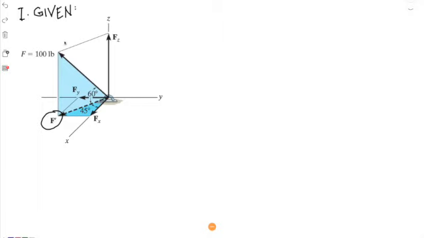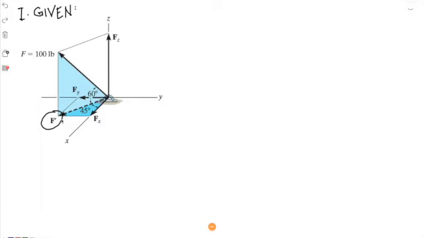This would be our given, and of course we have the magnitude of F as 100 pounds. So we have 100 pounds as the hypotenuse, we have Fz, and we have F prime, comprising this light blue triangle, with 60 degrees.